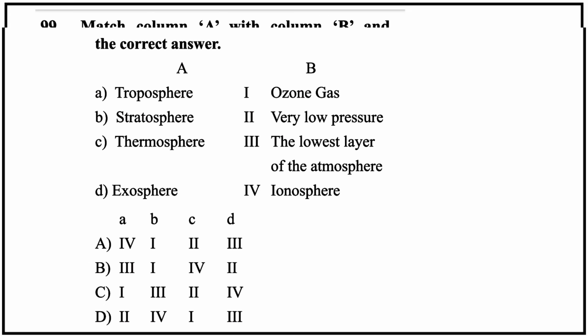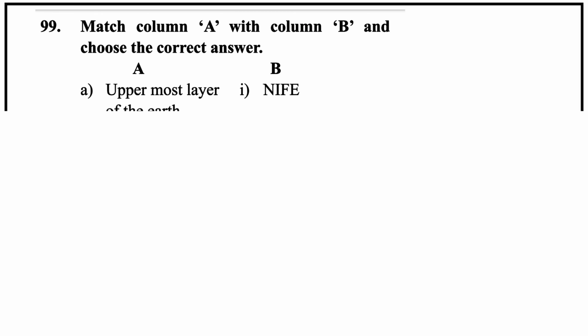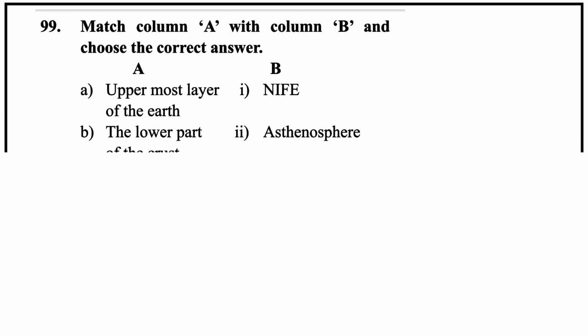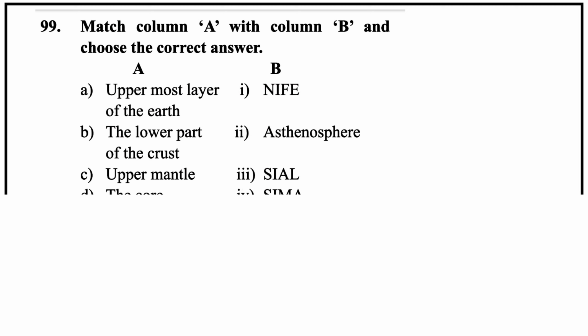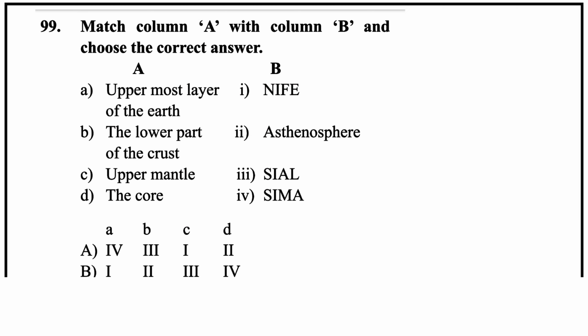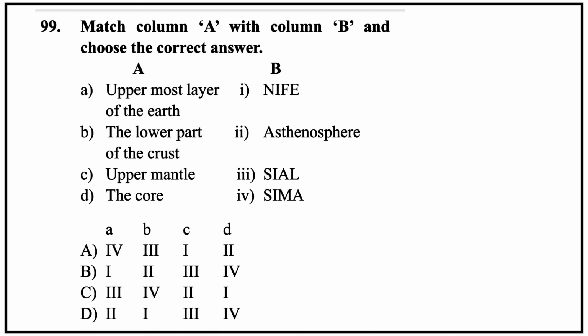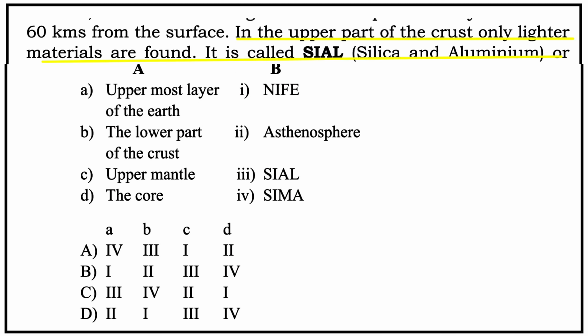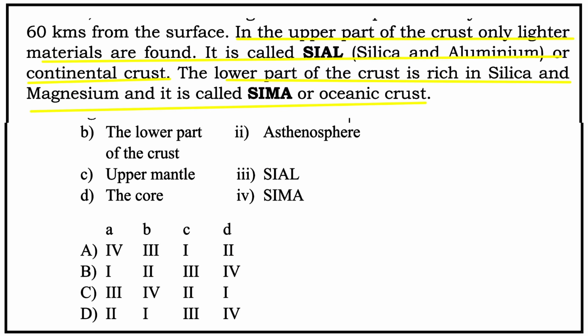99. Match column A with column B and choose the correct answer. Column A: A, uppermost layer of the earth. B, the lower part of the crust. C, upper mantle. D, the core. In column B: first, nife. Second, asthenosphere. Third, sial. Fourth, sima. Here is a clue. In the upper part of the crust, only lighter materials are found.